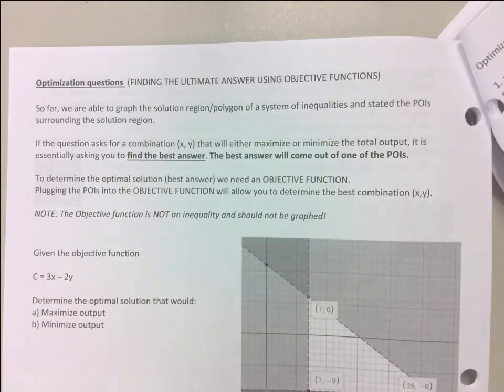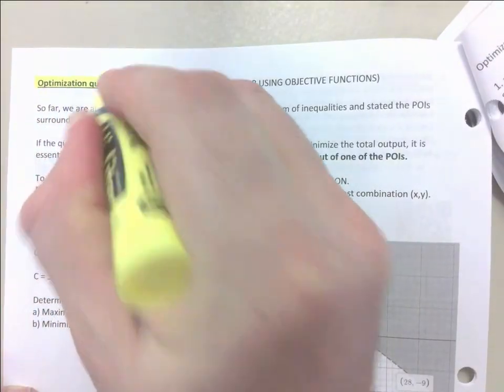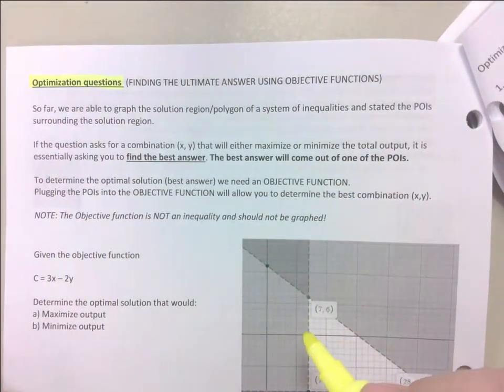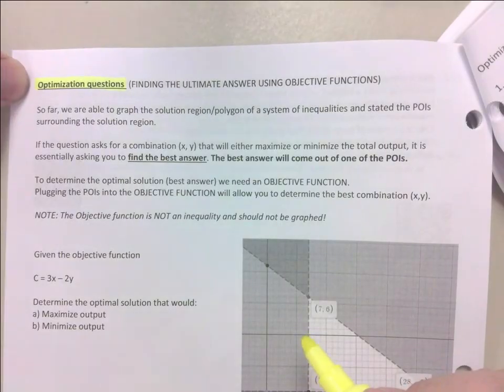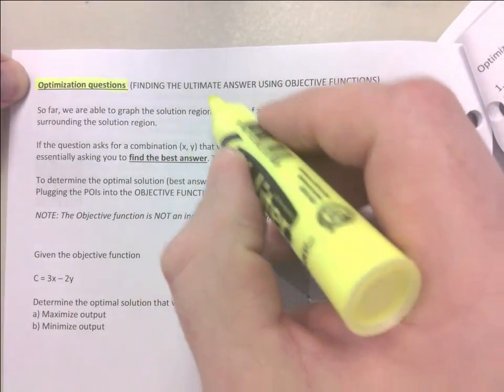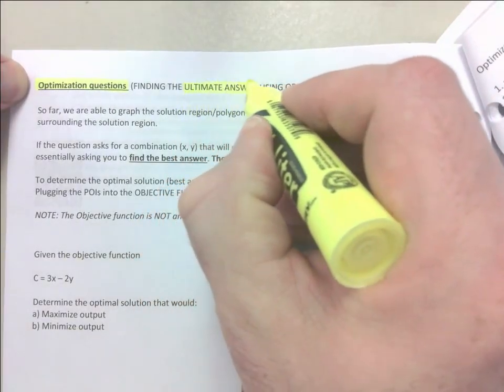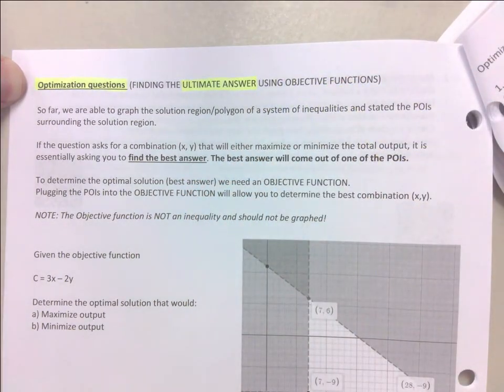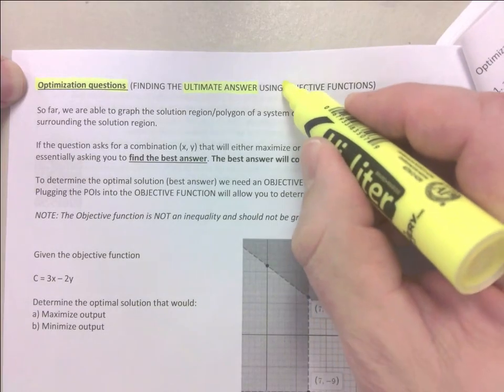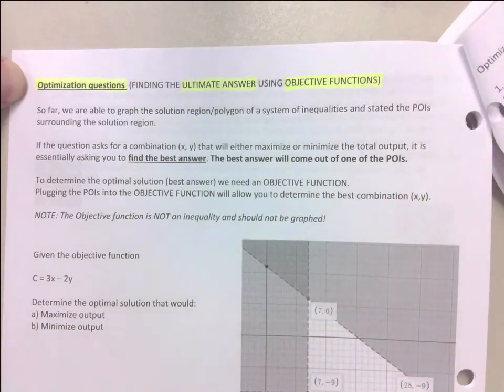When we add that extra layer, we call them optimization questions. Think of optimization as finding the ultimate answer, and you need an objective function for that.